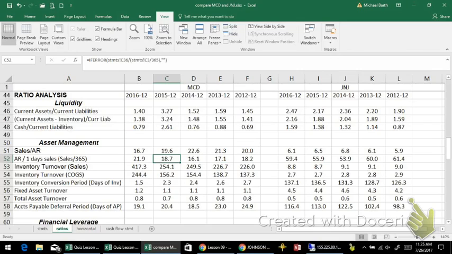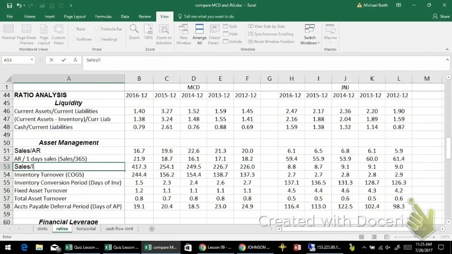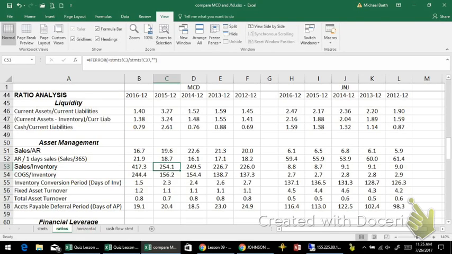The inventory turnover is either sales over inventory or cost of goods sold over inventory. But either way you look at it, McDonald's is materially higher. It's because they hold so little inventory.